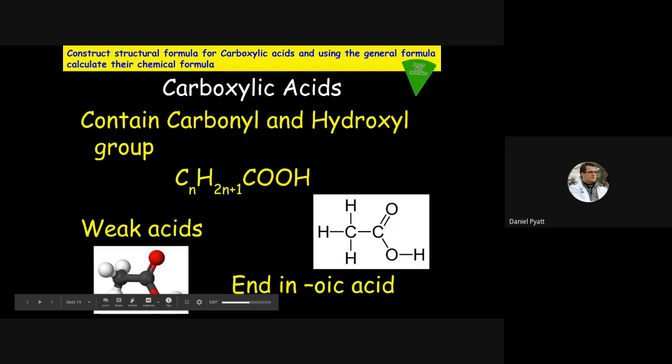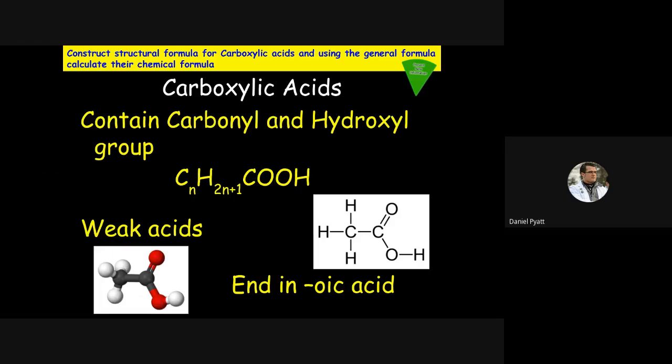Okay, so last lesson we talked about alkanes, alkenes, and alcohols, and we talked about each of their key features. For example, you should remember that alkanes and alkenes are both examples of hydrocarbons because they contain carbon and hydrogen only.